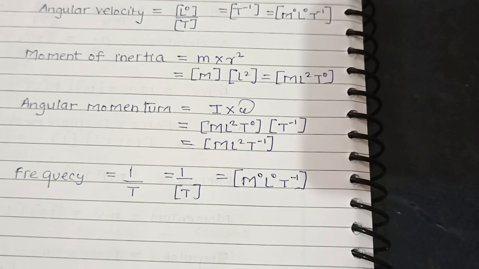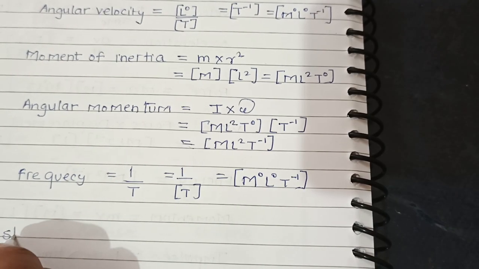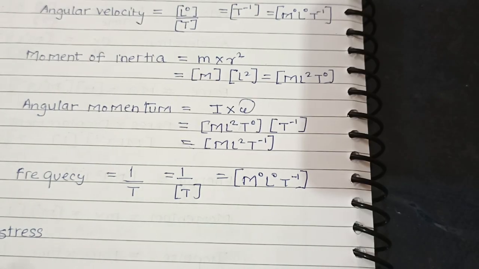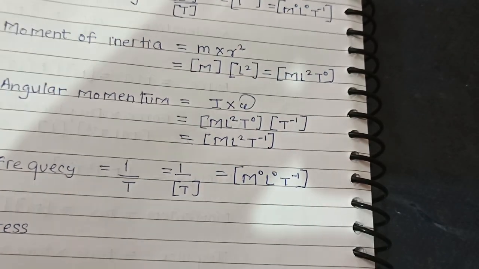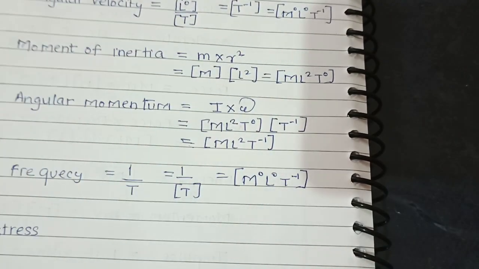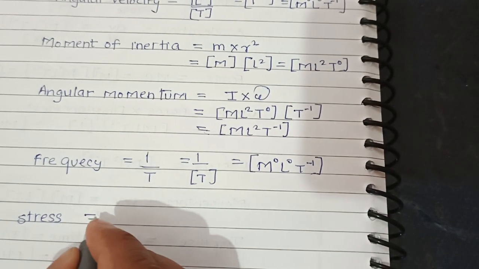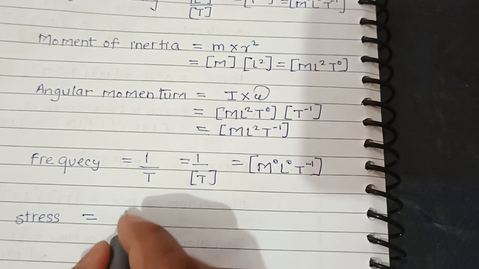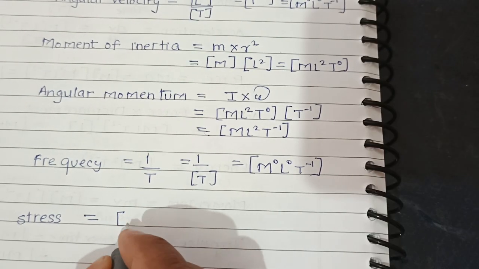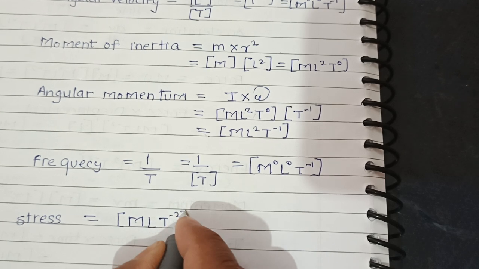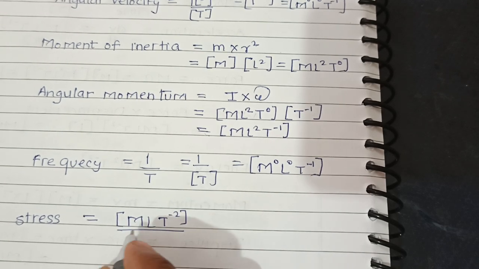Now next, stress. Stress. This is M L T minus 2 upon area.